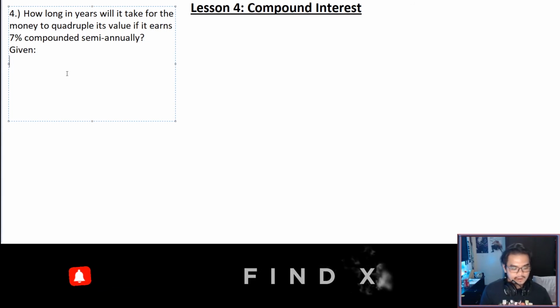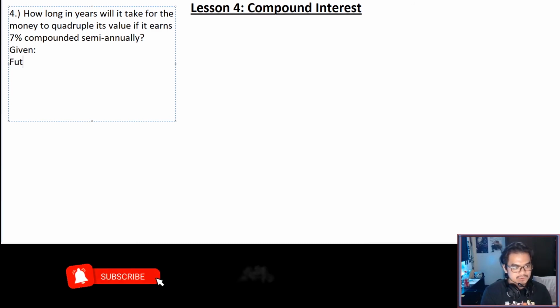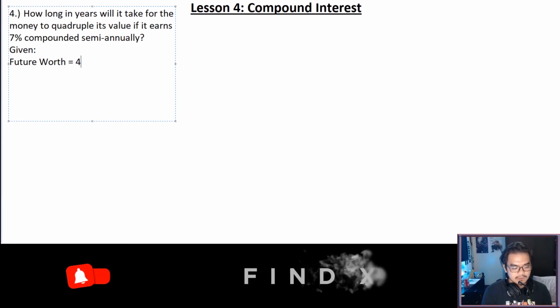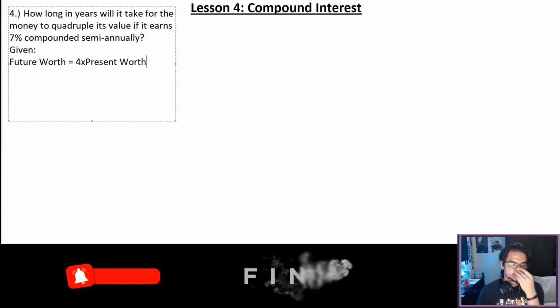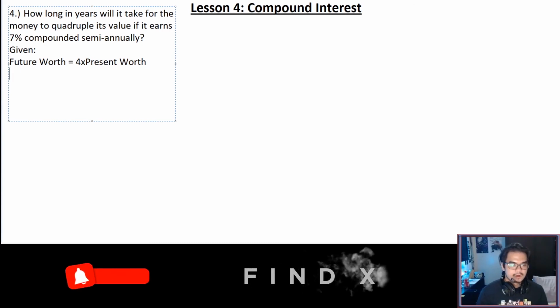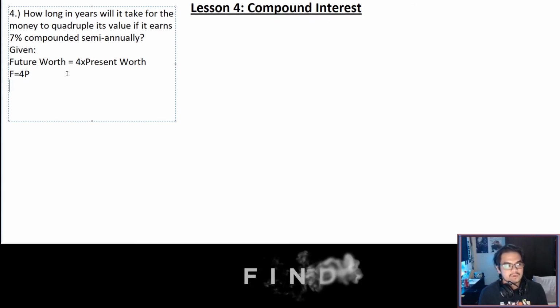Therefore, the future worth must be equal to 4 times the present worth or principal amount. Or we can simply say that F must be equal to 4P. That's just the same. Next, 7% compounded.